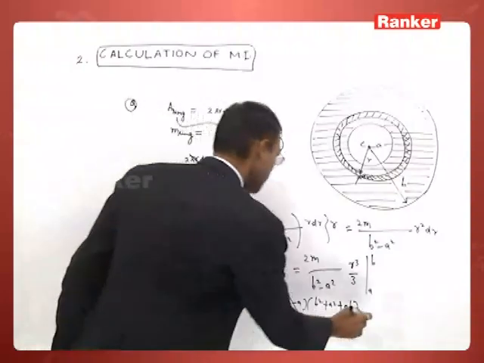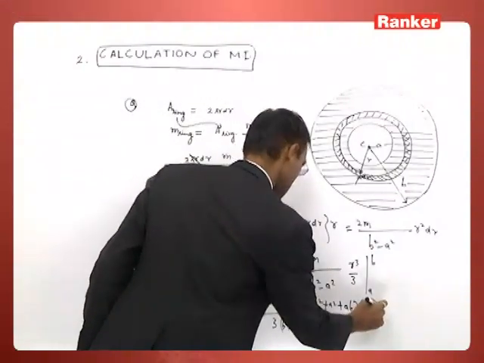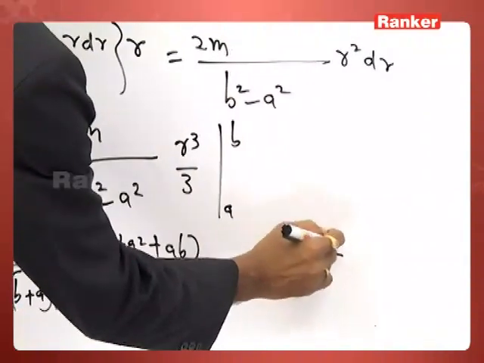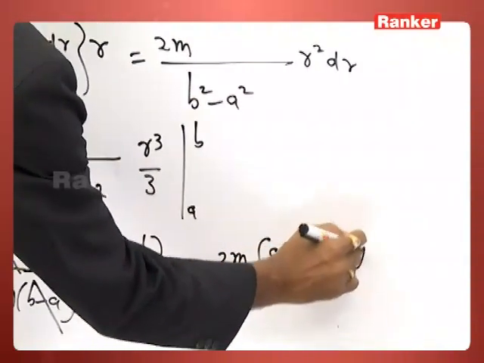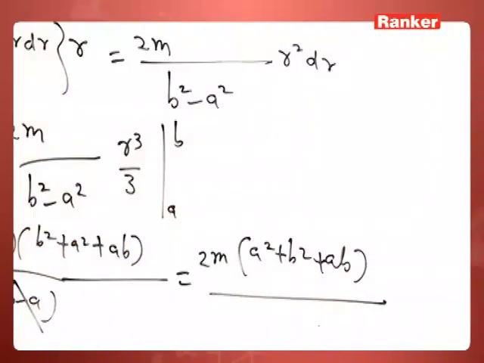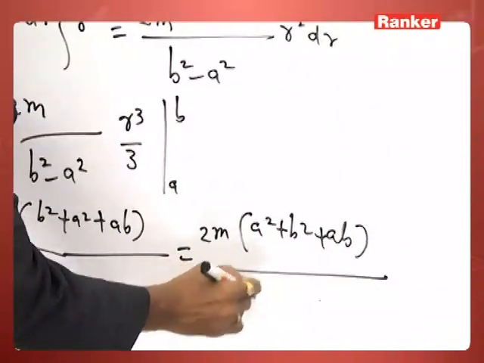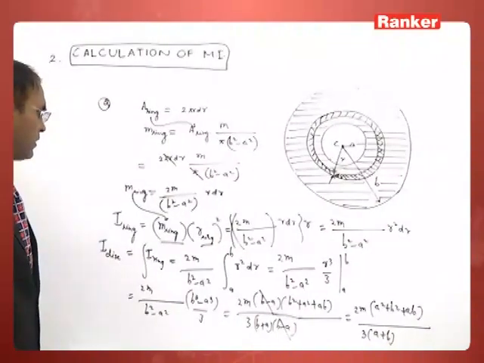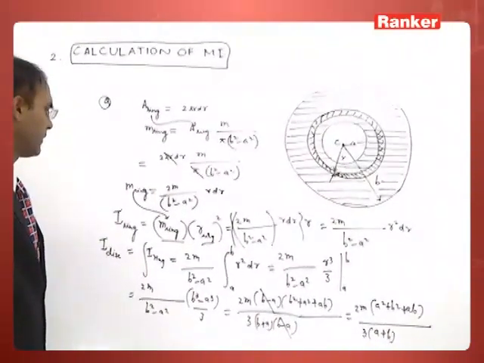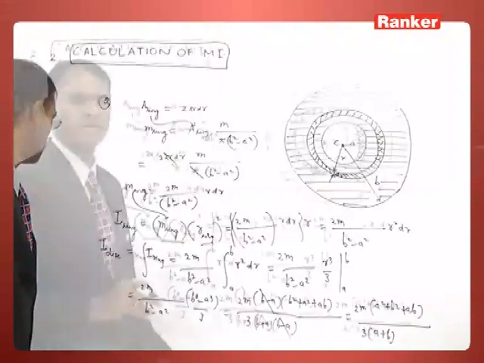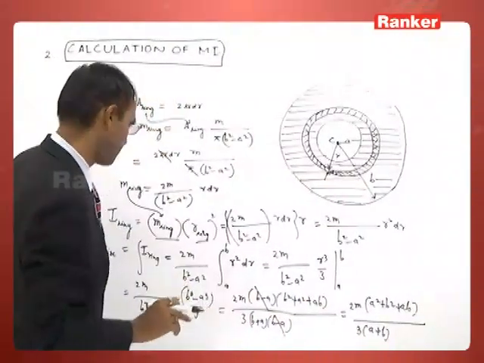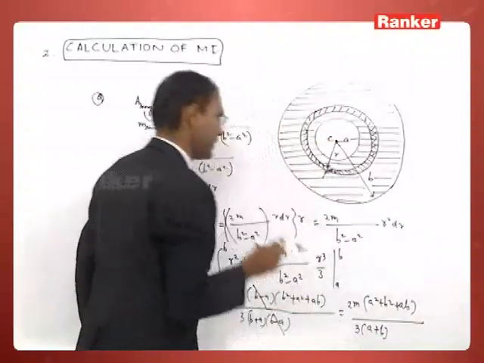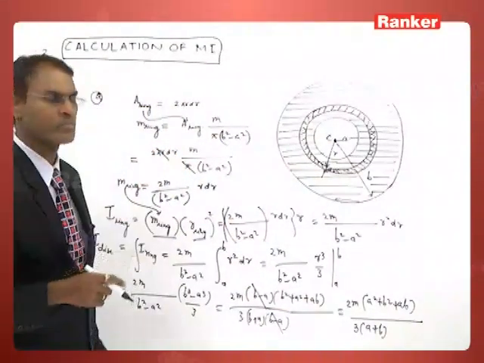So, we are left behind with 2m into a square plus b square plus ab in the numerator upon 3 into a plus b in the denominator.